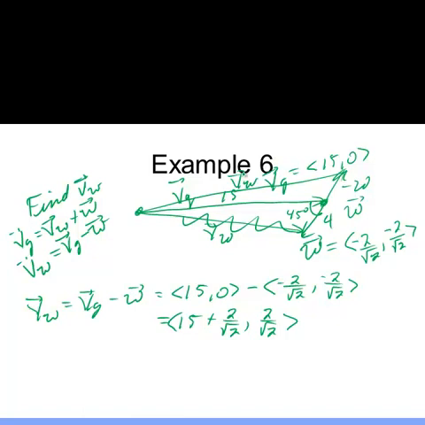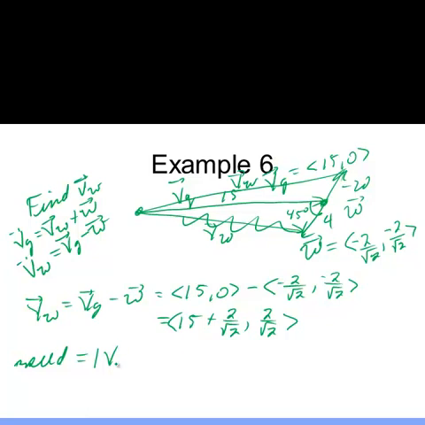All right. Anyway, now to find the speed relative to the shore, we just need to take the magnitude of V sub. No, not relative to the shore, but relative to the water, I should say.